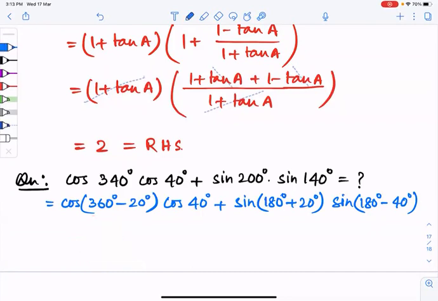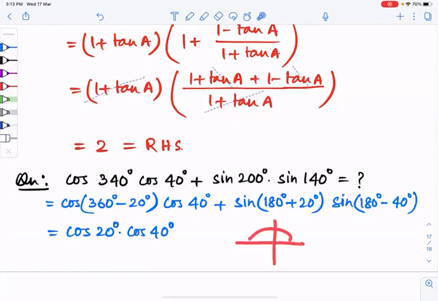So this one will just be cos 20 degree into cos 40 degree. Now 180 plus 20. That means 180 is up to here, plus 20 means somewhere here. 3rd quadrant, sine is negative. So it will be minus sin 20.